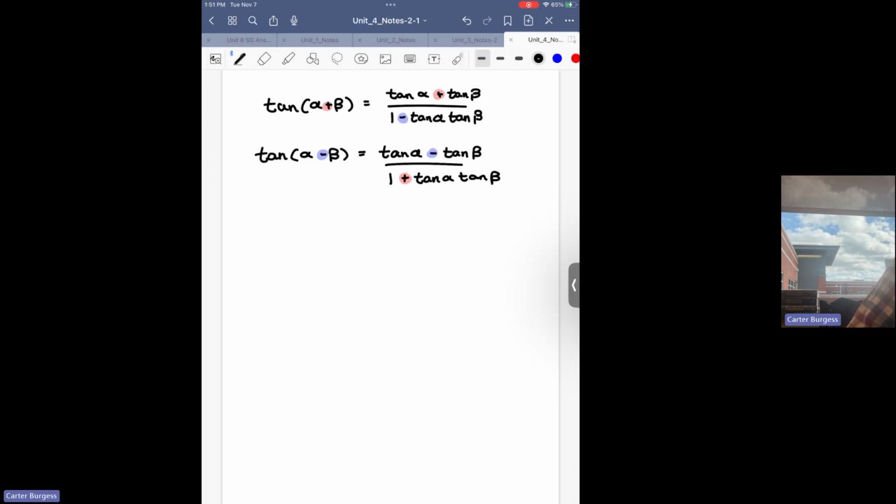So for instance, let's take a look at number 5 here. We are trying to figure out what is tangent of 13 pi over 12. Let's again let alpha be pi over 4. I'll give you guys a minute. If alpha is pi over 4, what is the beta going to be here?